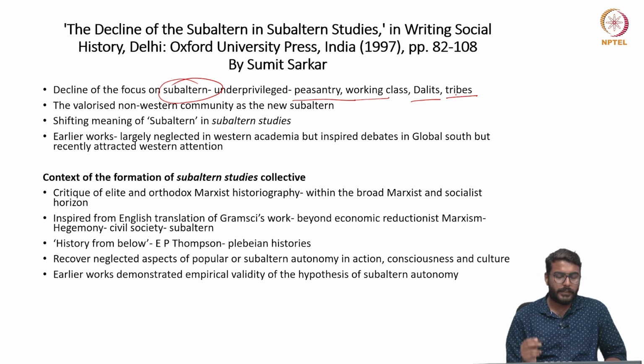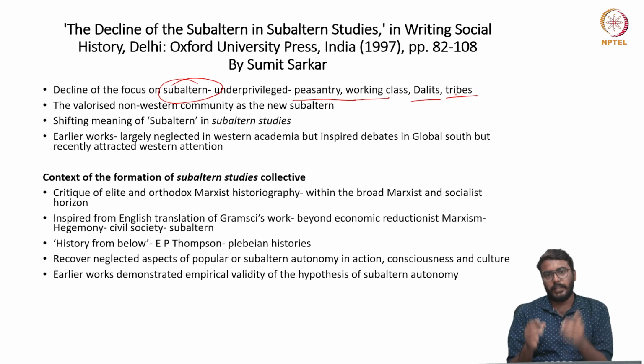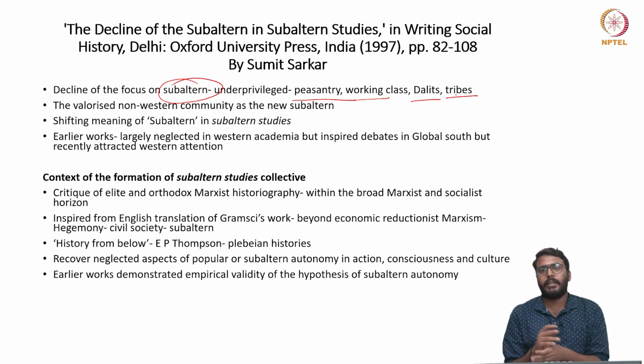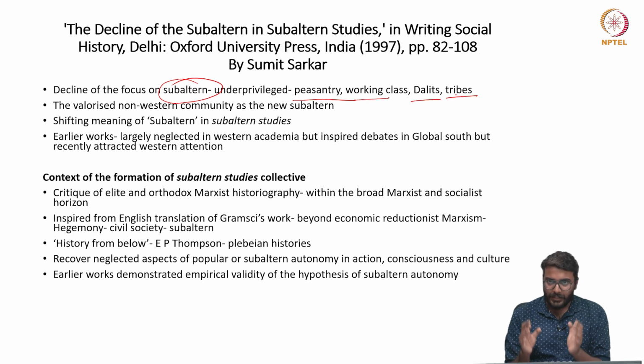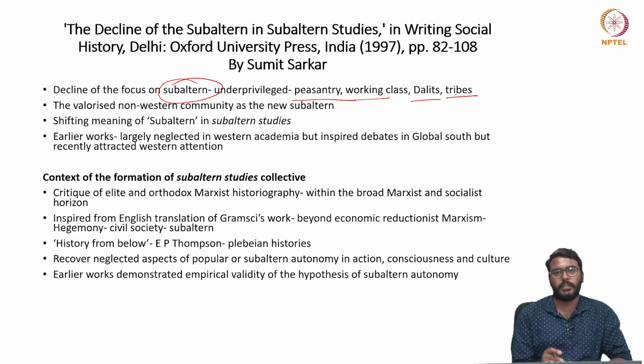Sumit Sarkar reminds the reader that subaltern studies emerged as a critique, as a movement within Marxist historiography. It simultaneously made a critique of the mainstream nationalist and imperialist as well as the orthodox Marxist historiography, but its conceptual apparatus remained within the broad Marxist and socialist horizon, right?